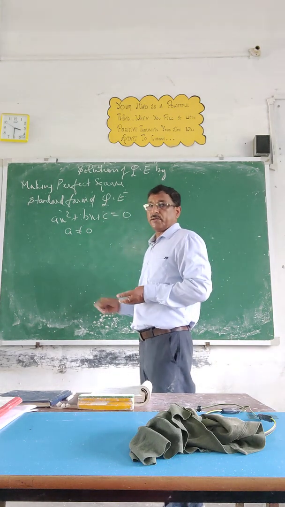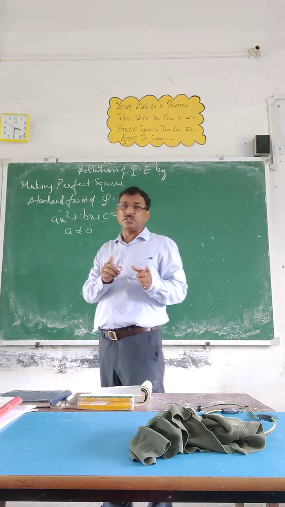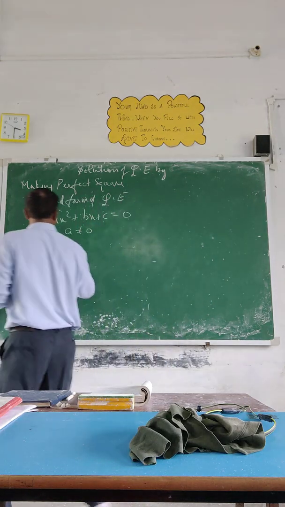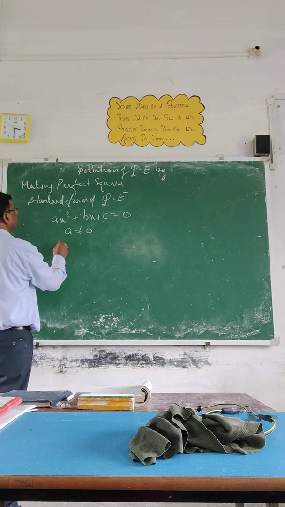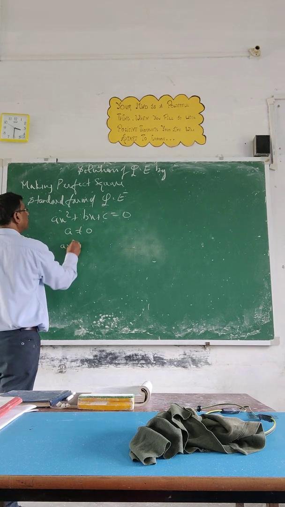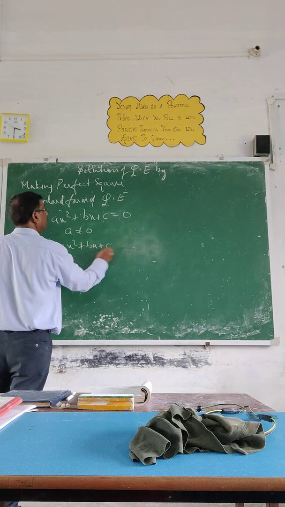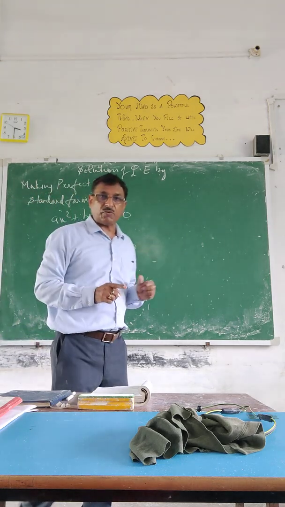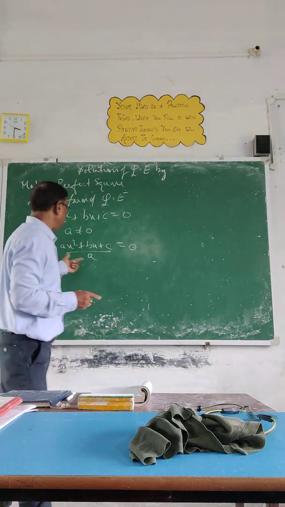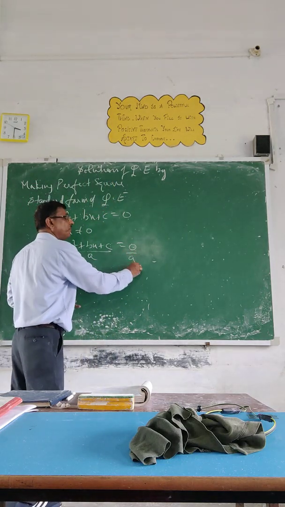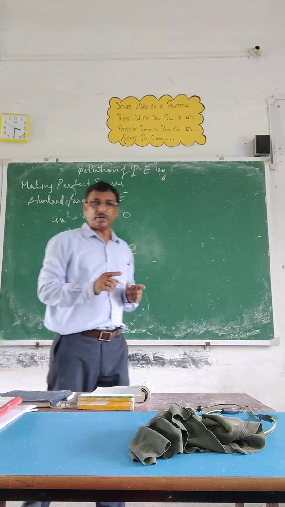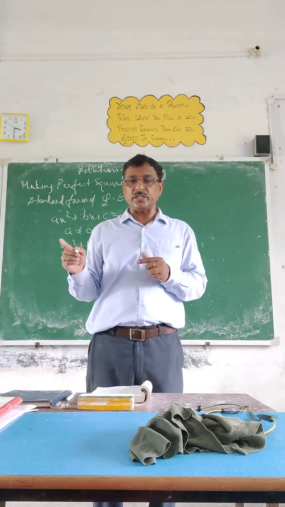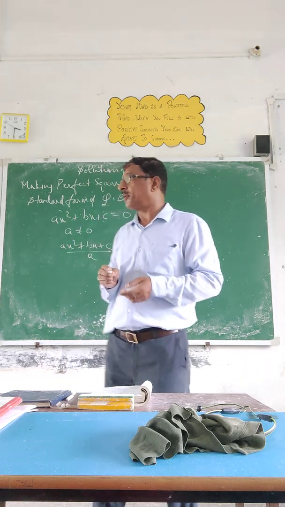Now we have to convert this quadratic equation standard form into the perfect square form. See how. You just divide the whole equation by a. Why are we dividing? We are making the coefficient of x square as 1. If you divide the whole equation by the same term, that is, the LHS and RHS, then there is no effect on the equation.